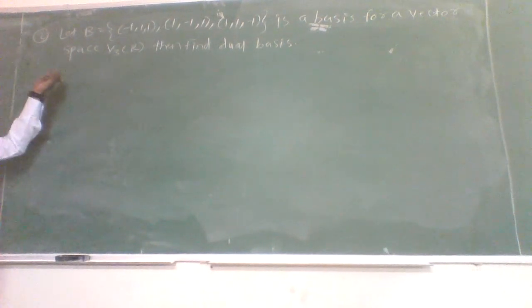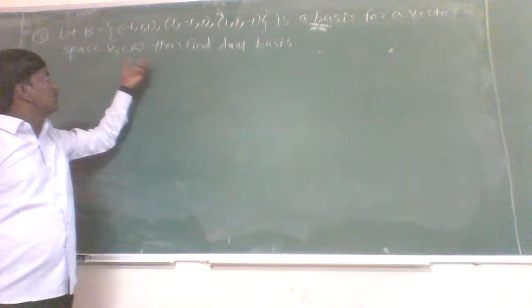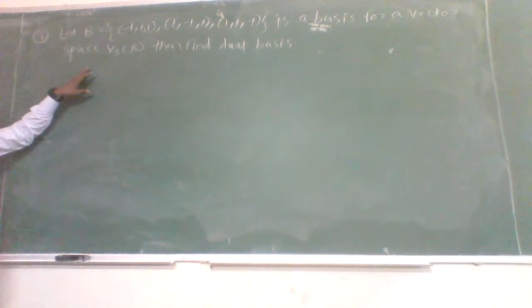Okay. Here we have been given one basis set, which is the basis for a vector space V3 over R. Now we have to find its dual basis.